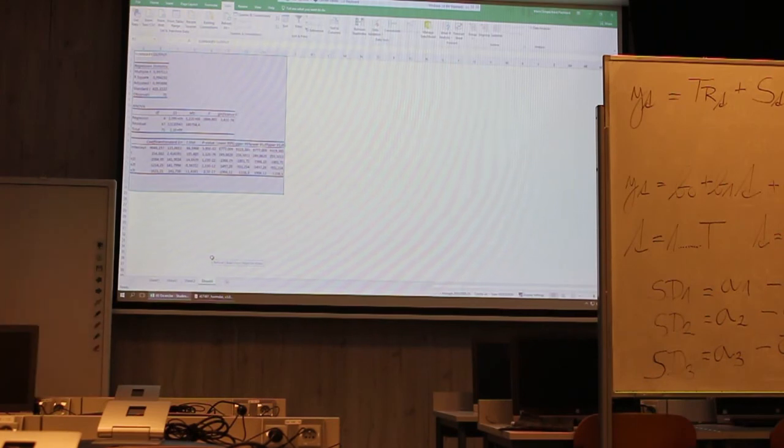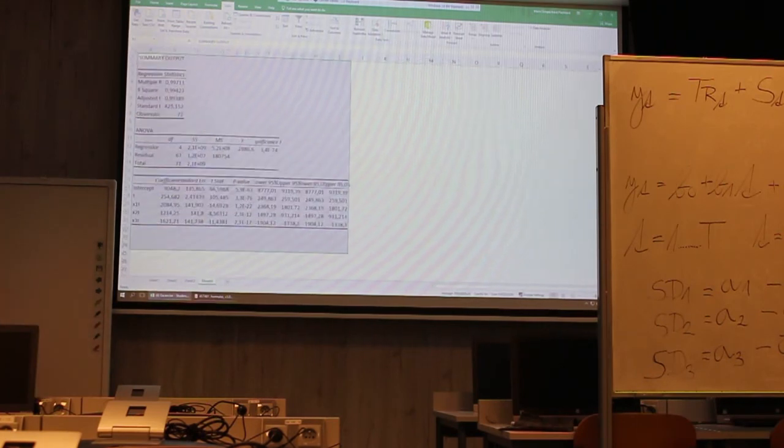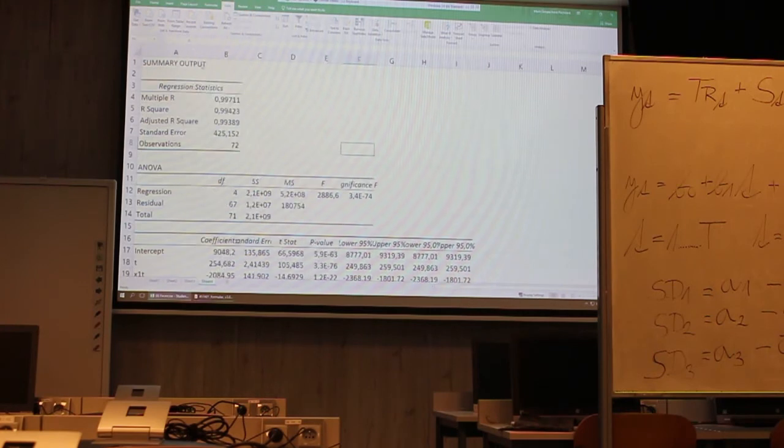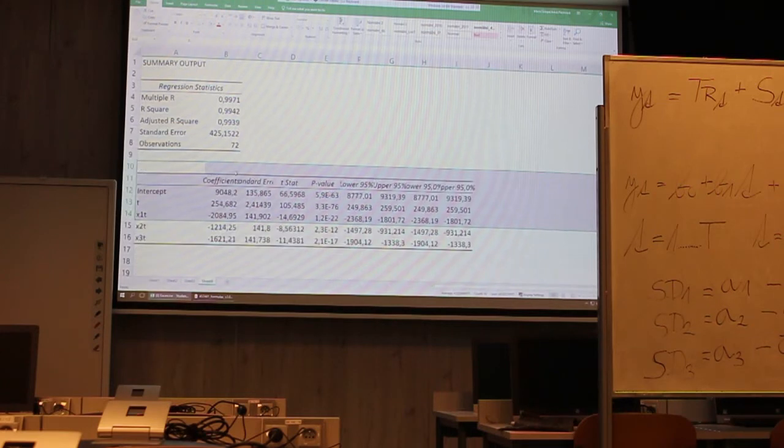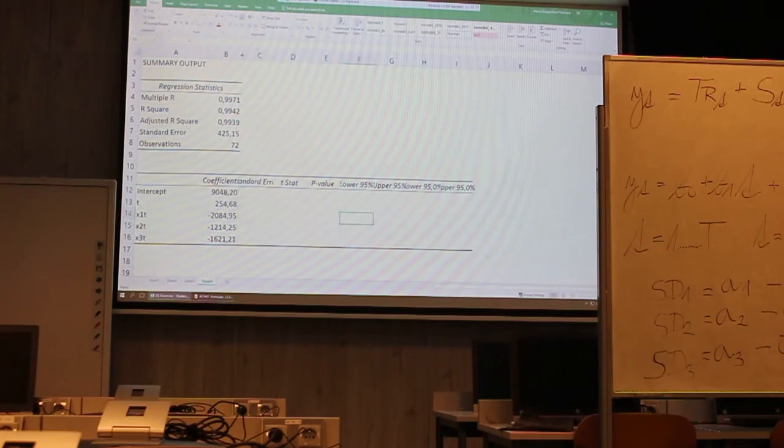I will zoom this document and delete what is not necessary for us. The ANOVA table is not necessary, so I will delete it. I will use only 2 decimals here for the coefficients.